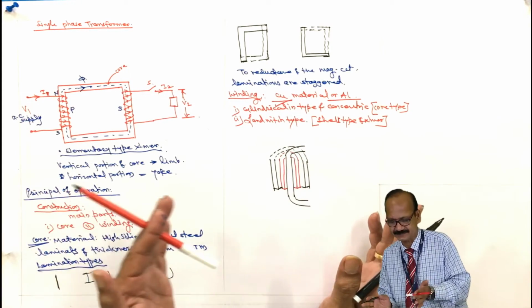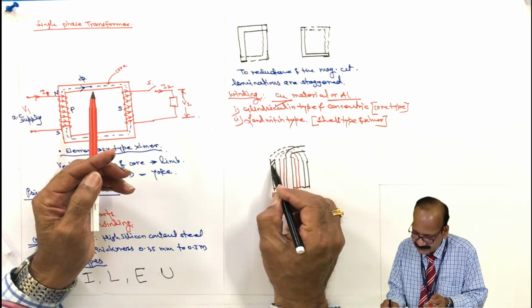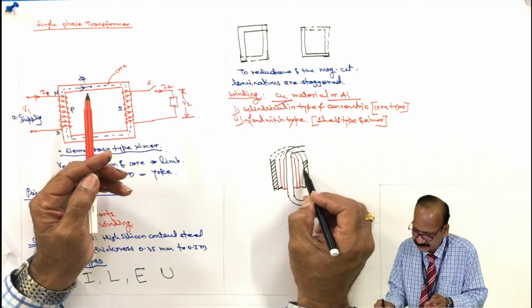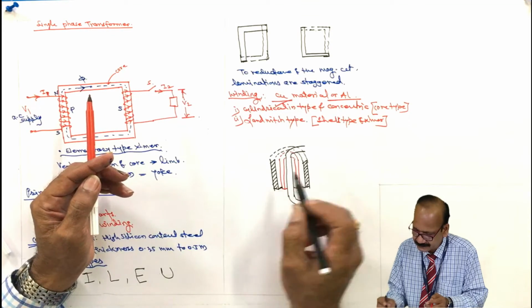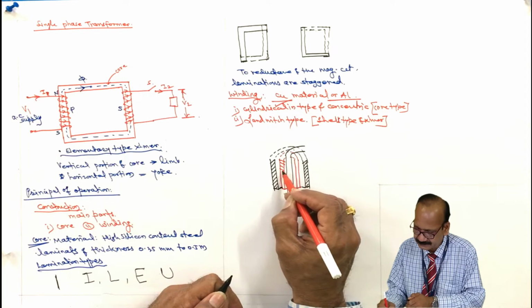This is the cut section, and for simplicity I am showing only one. So this winding is HV winding, and this is LV winding.